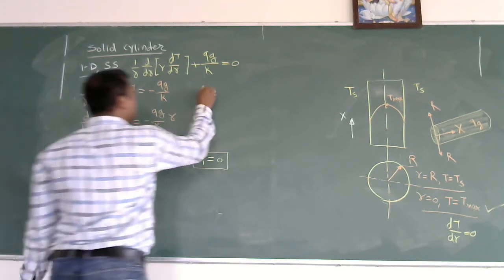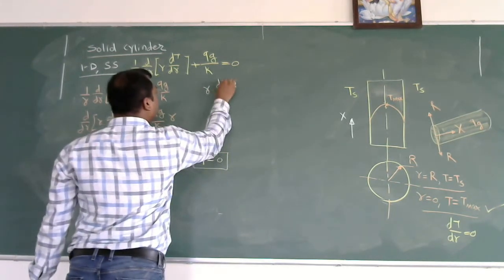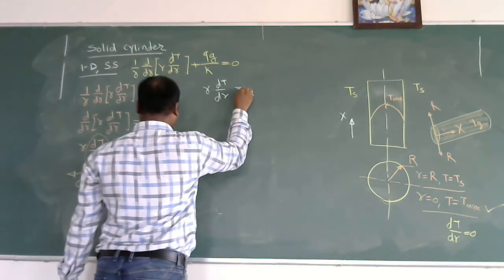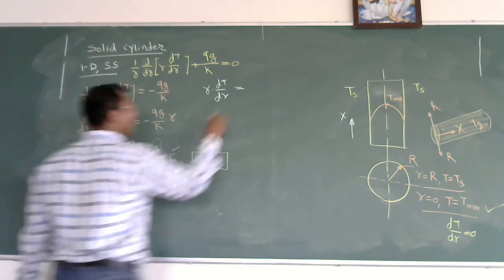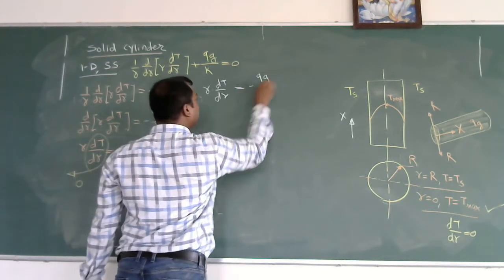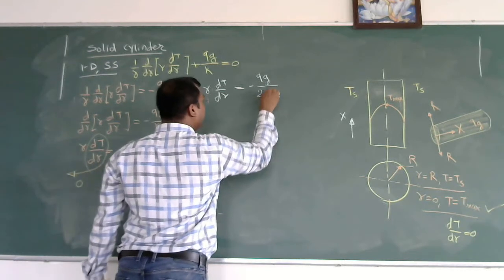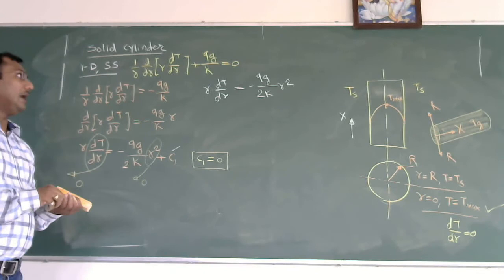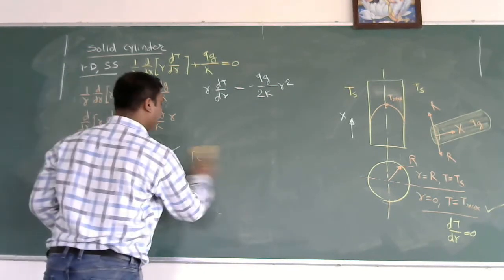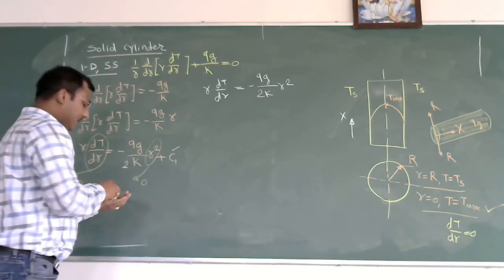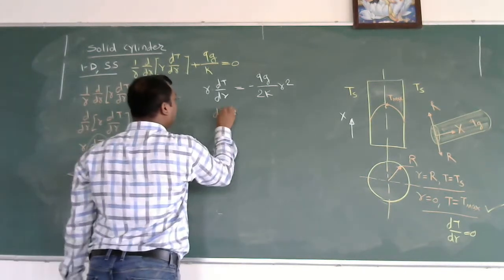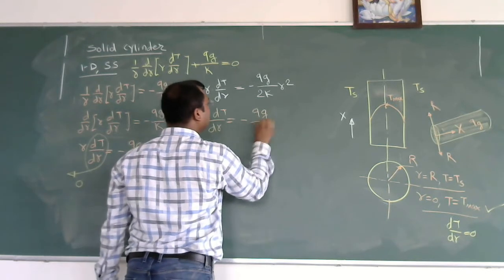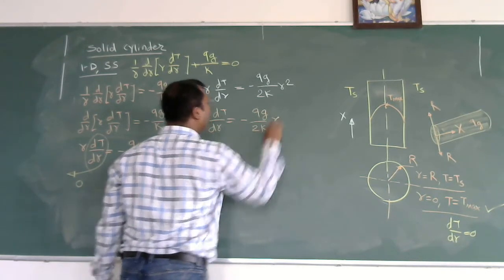So the equation reduces to r into dT by dr is equal to, this value is 0 now, minus Qg by 2k into r square. So this further we can reduce to dT by dr is equal to minus Qg by 2k into r.